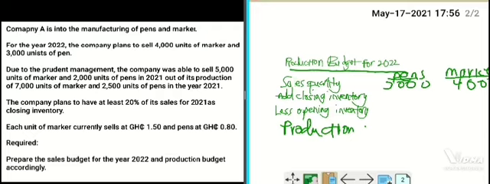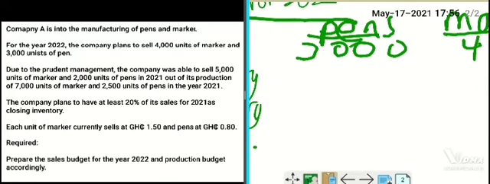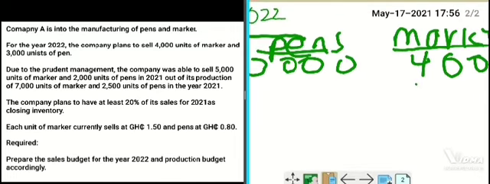So 20% of 5,000 gives us 1,000. Yes. So we have 1,000 here as our closing inventory. Let me zoom this a bit. We have 1,000 here.